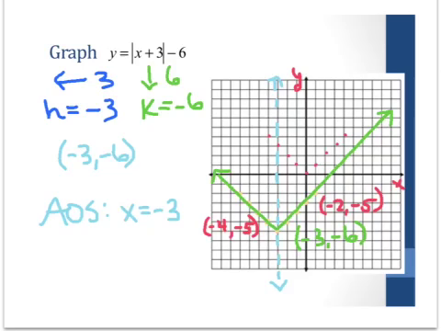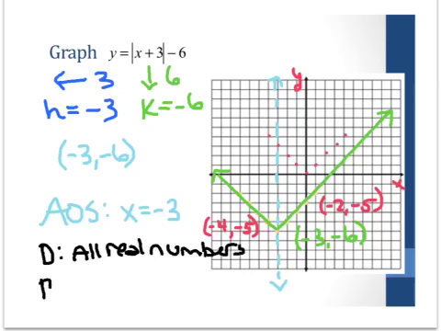And there we go. It doesn't matter if you do both shifts at the same time or individually. The domain stays all real numbers. And the range is going to start at the y-coordinate of the vertex, and because we're faced up, it's going to go up.